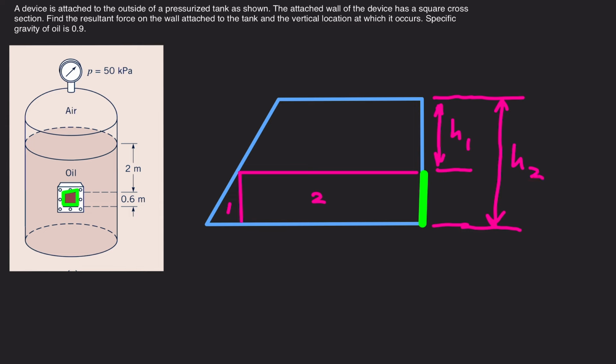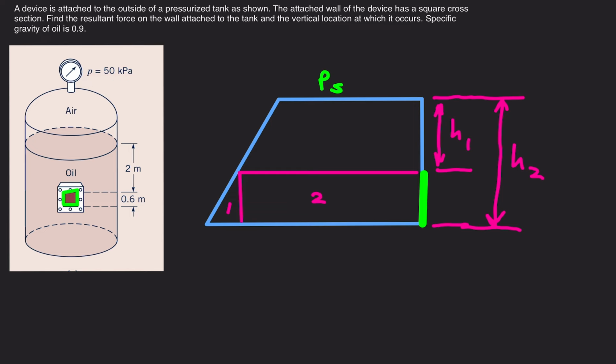All right. So the way this works is the widths of the pressure volume are pressure. So at the top, our pressure is not a rectangle, pressure of the surface, in our case 50 kPa.